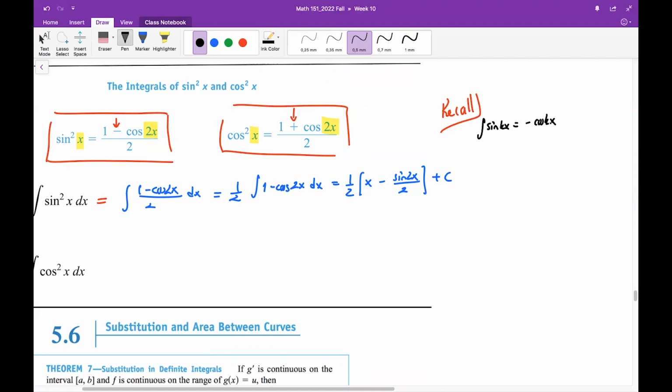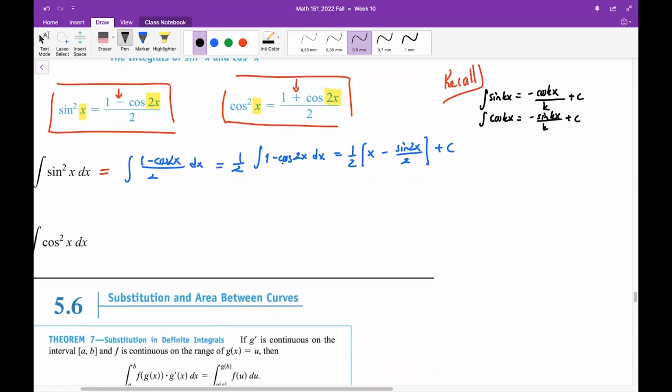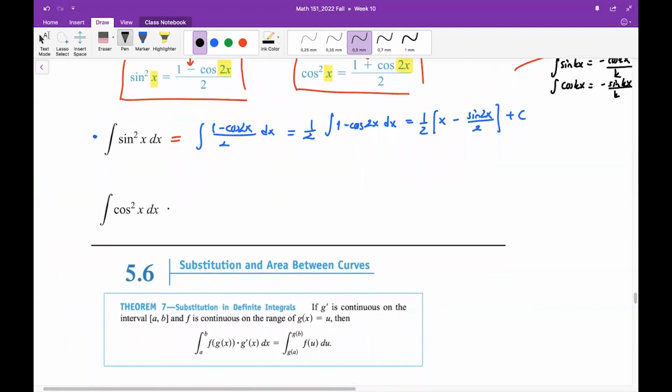You have to multiply with k. To get rid of that k, you have to divide by it. Let's put this arbitrary constant here. And it is similarly for cosine kx. It is sine kx over k plus c. That's why we put here sine 2x over 2. So you need to divide by the constant coefficient there. This is the result of the integral sine square x.